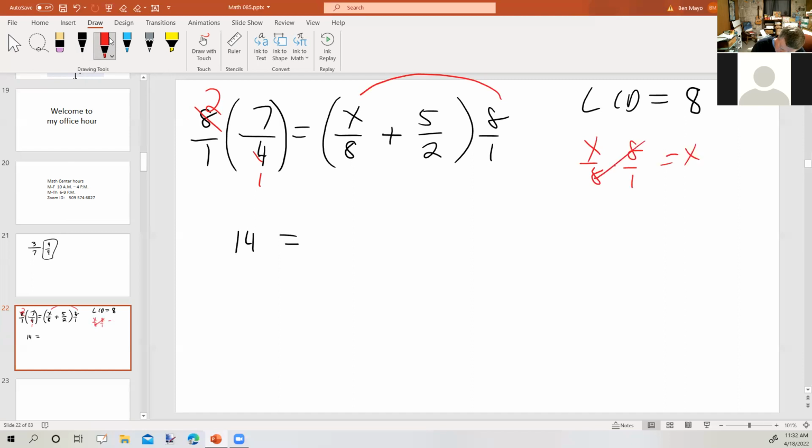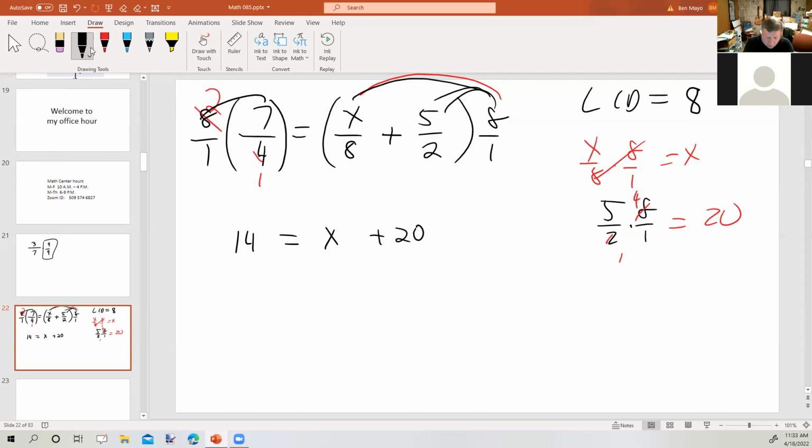The 8's reduce and we have x. And then 5/2 times 8/1. The 8/2 reduces to 4/1 and we have plus 20. So distributing the 8 here, here, and here, we get rid of all the denominators and we have this equation. Any questions about what I did there?